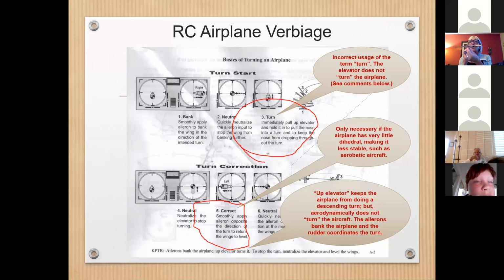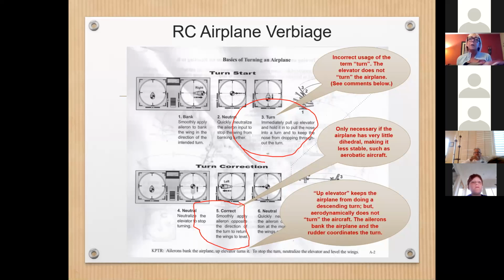Stable airplanes want to fly straight and level. And that's why I say a monkey can fly a plane, because it's going to fly through the air until you run out of fuel, straight and level. So what Don did was he banked the airplane, brought his transmitter back to neutral, and the airplane went back to neutral. If he had banked it, then brought it back the other direction, it would have rolled the other way.